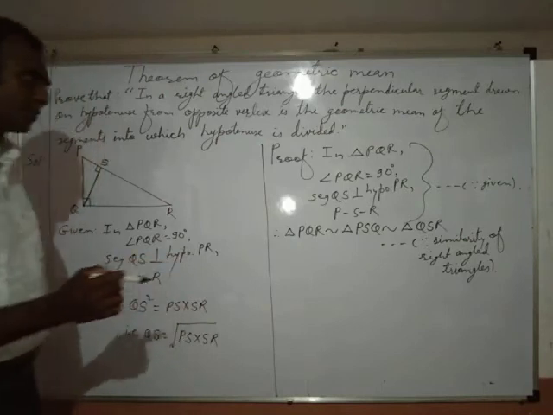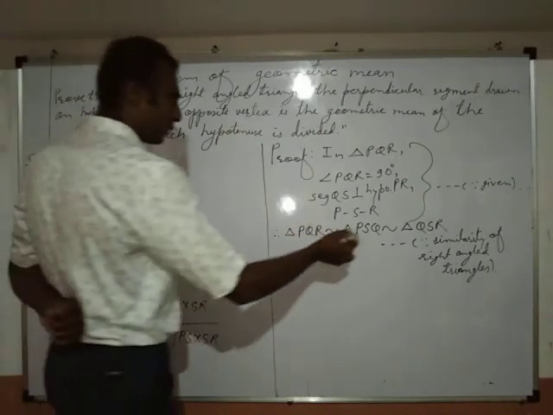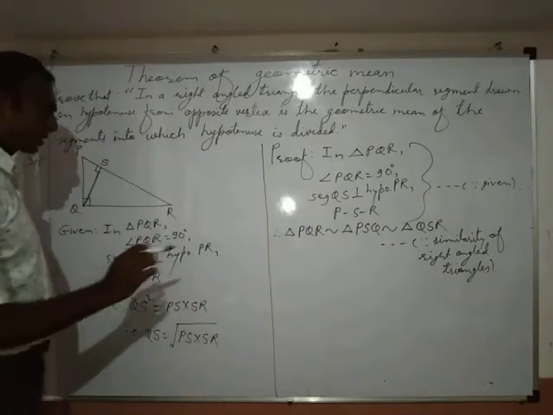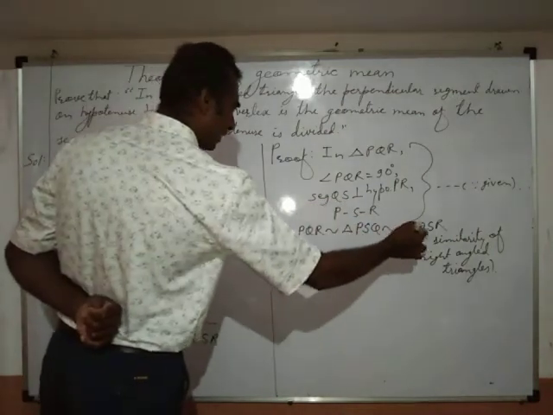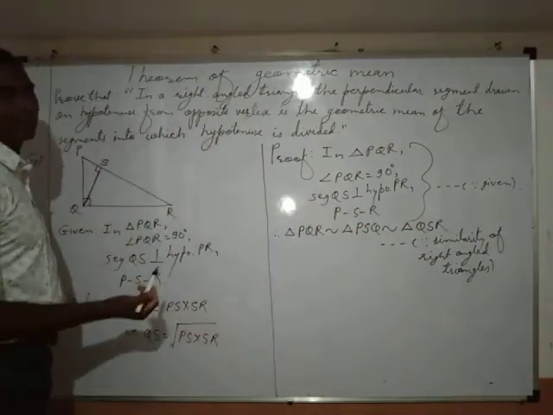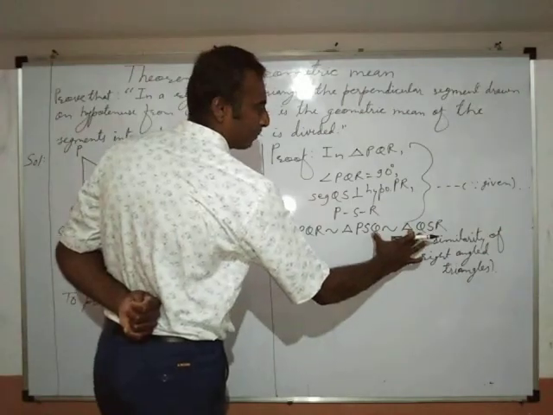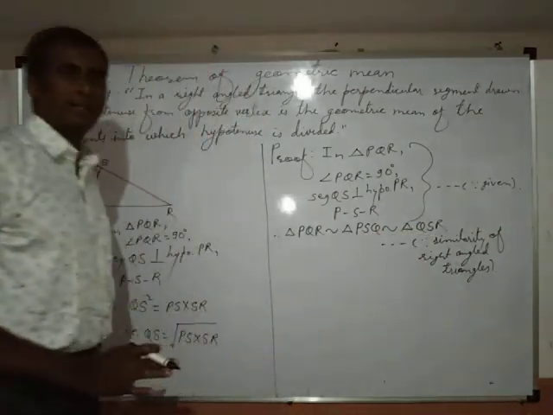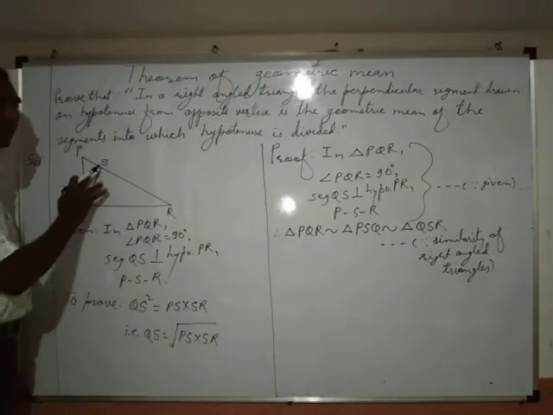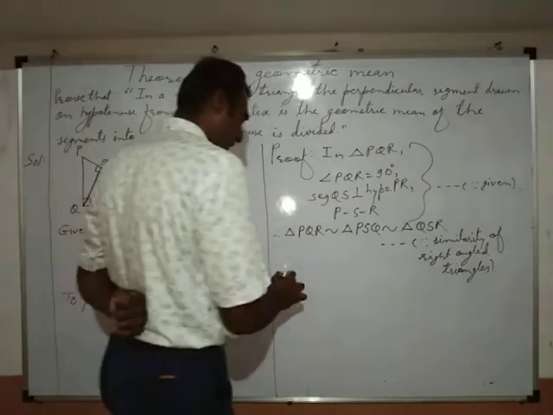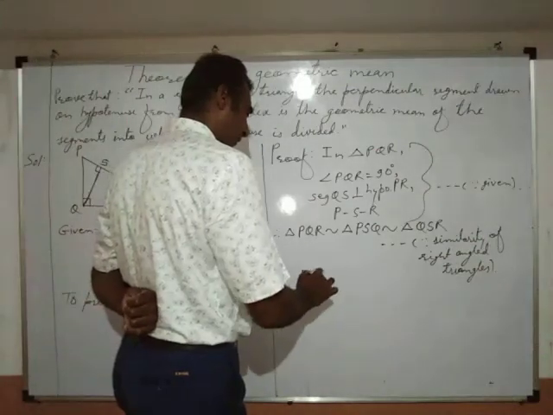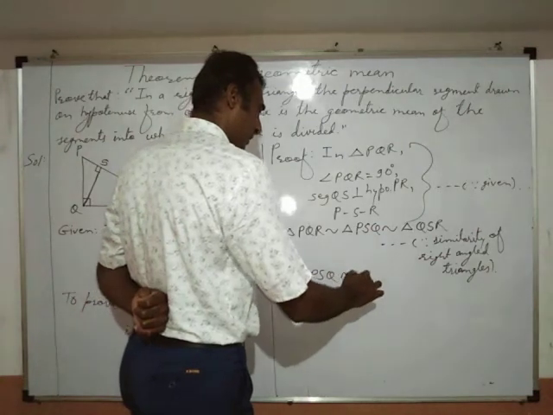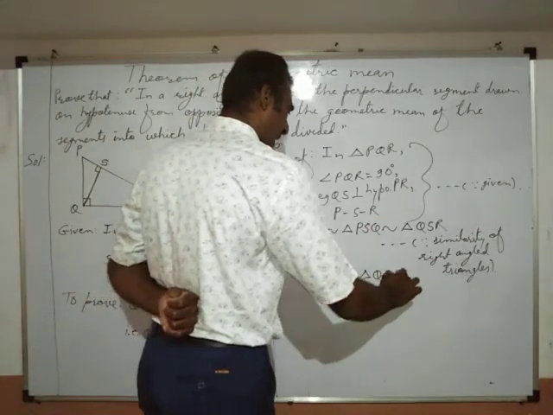Triangle PSQ contains PS as well as QS. And triangle QSR contains QS and SR also. Means we select the second and third triangles, these daughter triangles. Therefore, triangle PSQ similar triangle QSR.